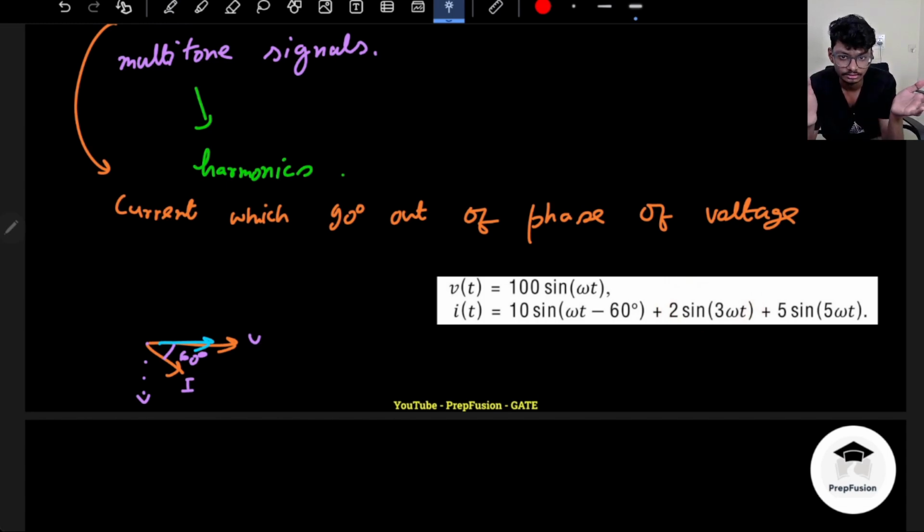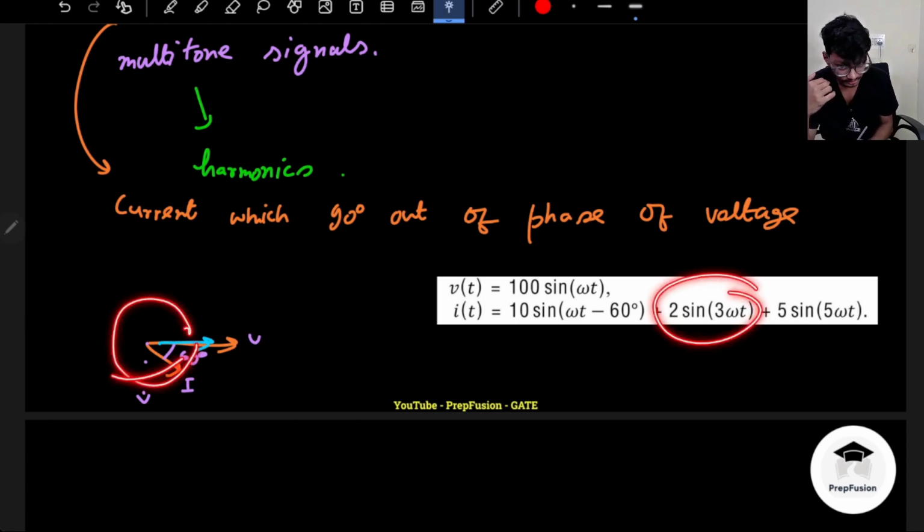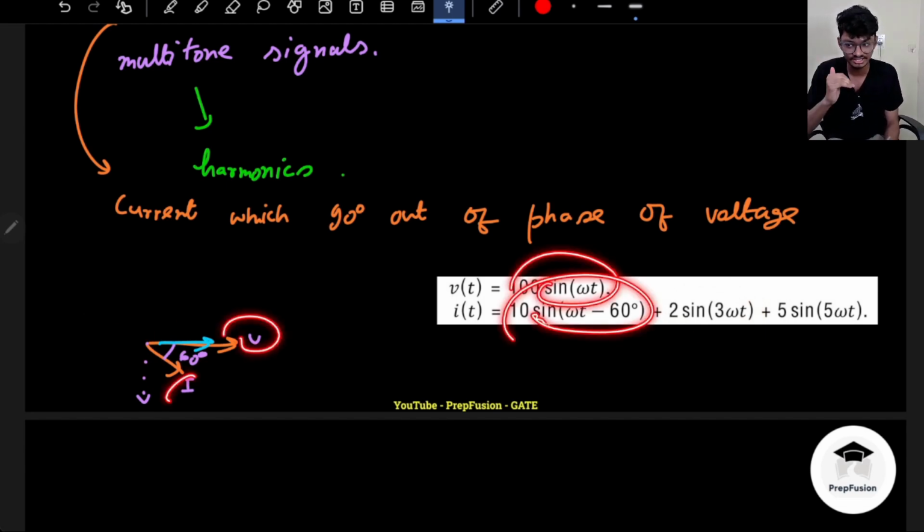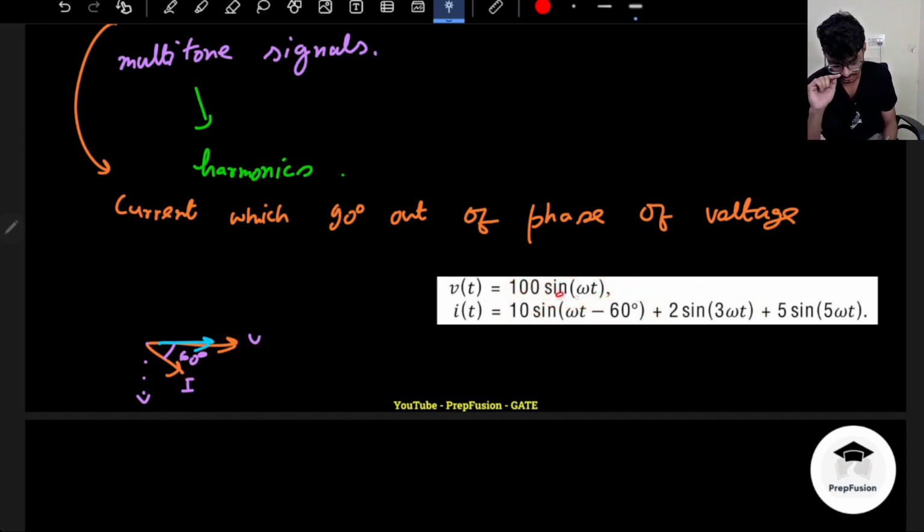You cannot comment, because as I told you, a phasor is just like a rotating vector. So this phasor is rotating at a different speed. This phasor is rotating at a speed of omega, same as the voltage phasor, but there is always a phase difference of 60 degrees.